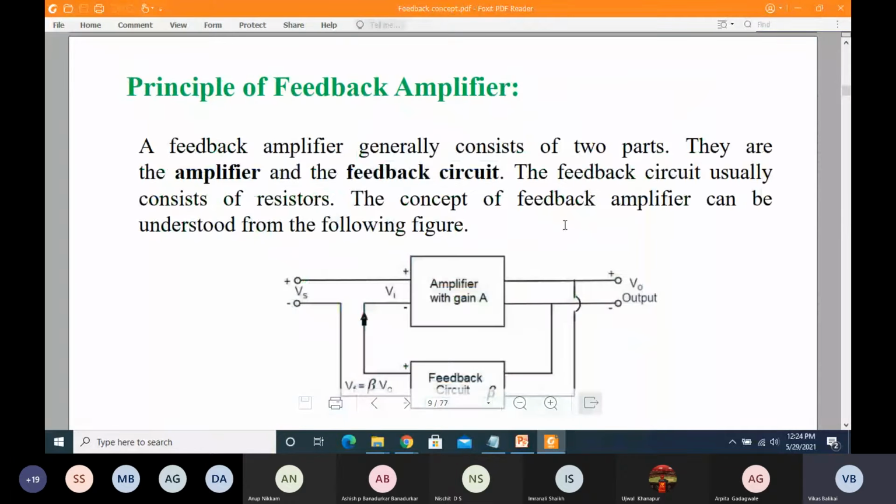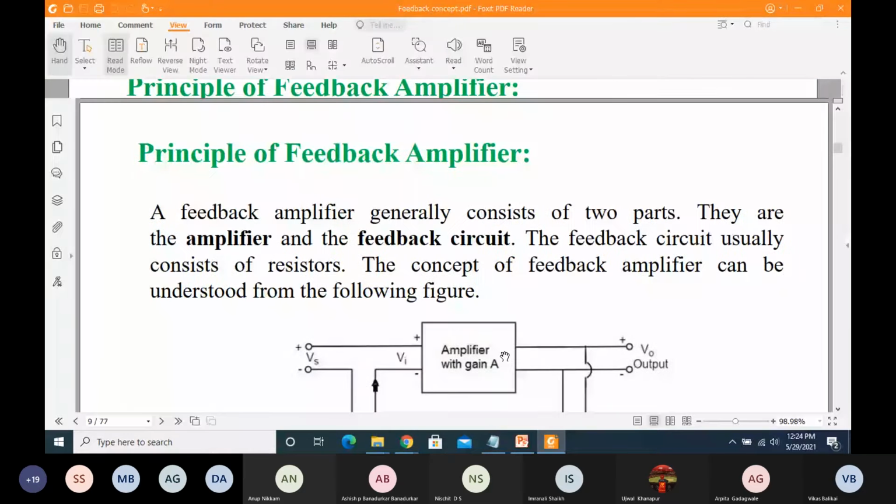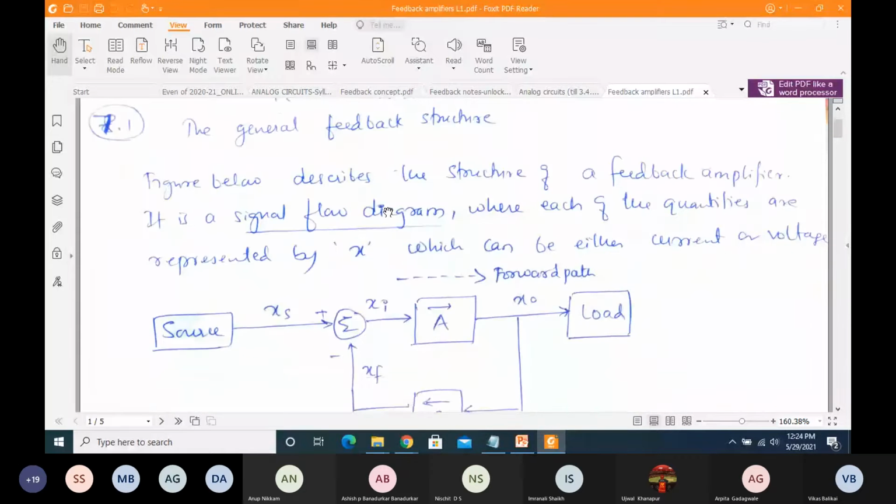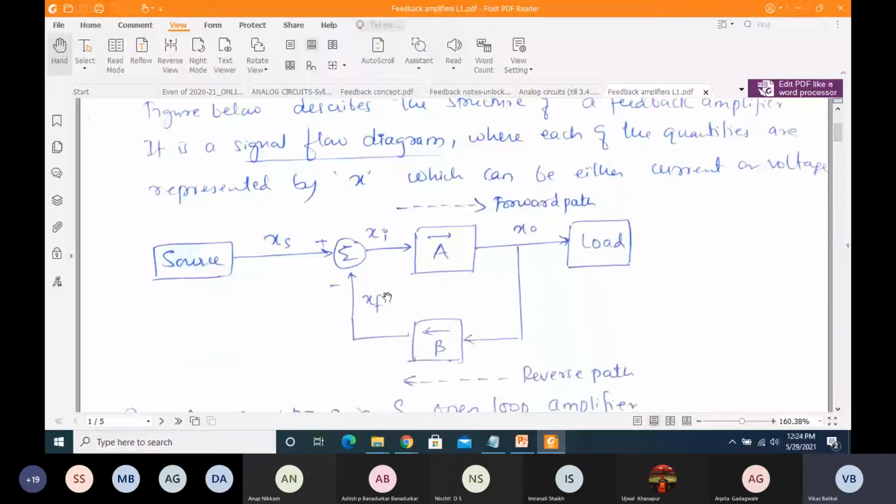So with this, let me jump into some of the principles of the feedback amplifier. This is the feedback principle which we discussed in the very first lecture.